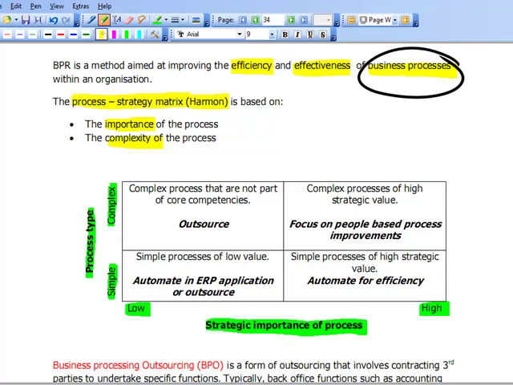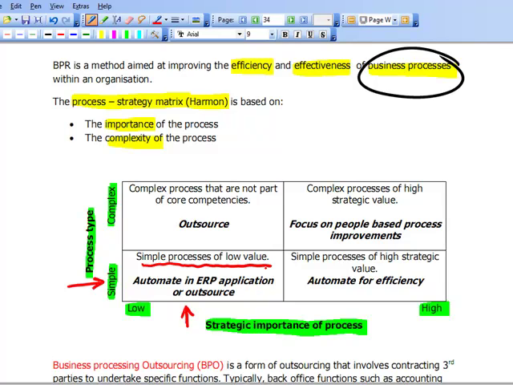Okay, let's look at some of these categories then. So the first one, how important is the process? How important is the thing that we're talking about within the business? Let's say it's a low importance. Okay. And then how complex is it? Let's say it's relatively simple. So we've got a simple process with a low value.